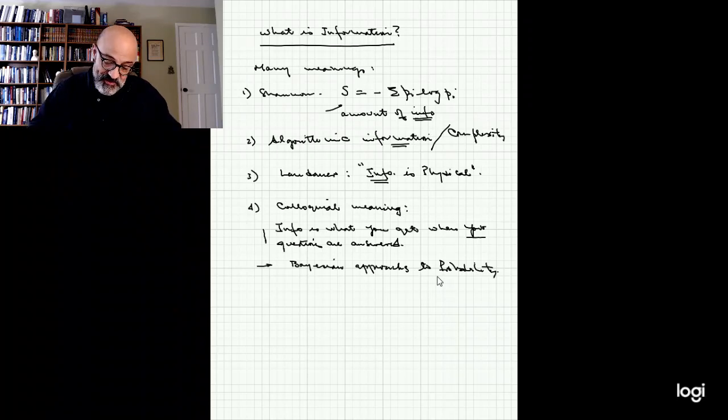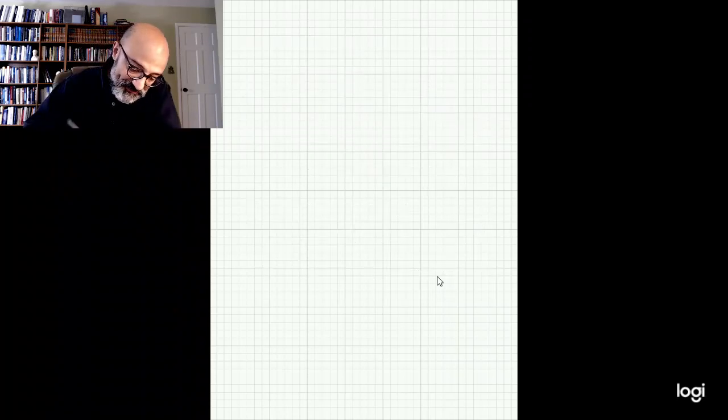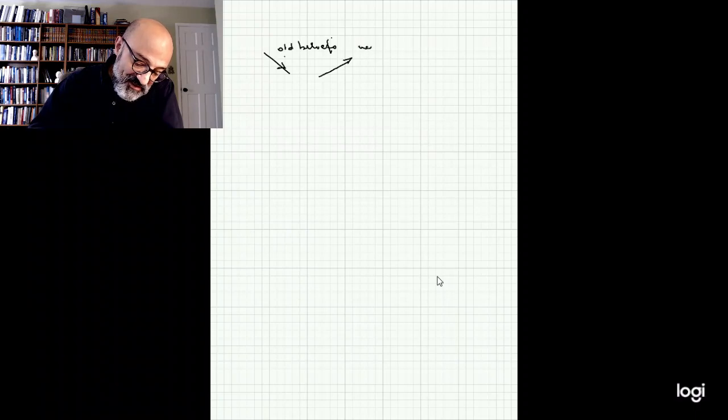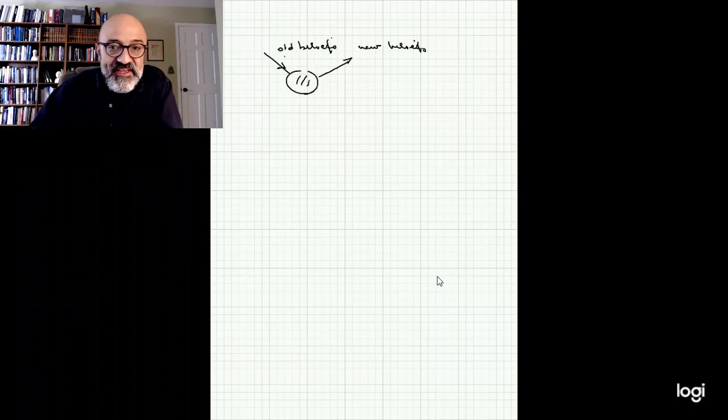The way we're going to handle this, by an analogy to physics, is to say: if you have old beliefs and you update to new beliefs, something happened that helped you or forced you to make that transition.